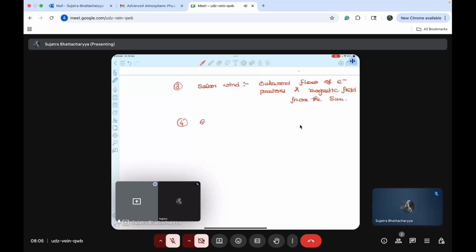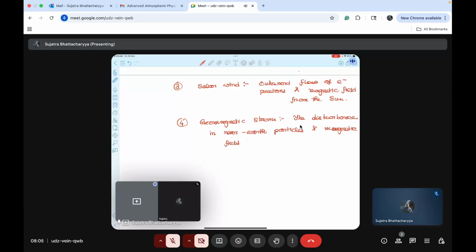Fine. The fourth is the geomagnetic storm. This is an important thing. This is the disturbance in near-Earth particles and magnetic fields. That's why geomagnetic storms.